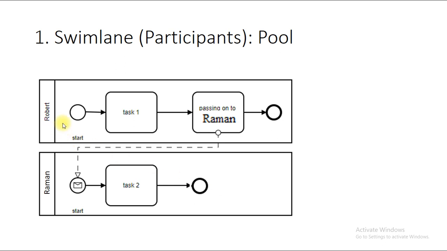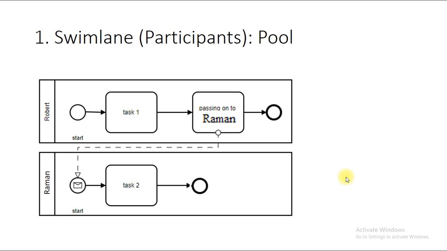So if you really see from a pool perspective, Robert has a pool where he starts a process, does task 1, passes the control to Raman, and then he's done with the process. Raman is notified whenever Robert completes the task in a message event, and he does it in his own pool where he has to complete a task which is task 2, and then he's done with it.